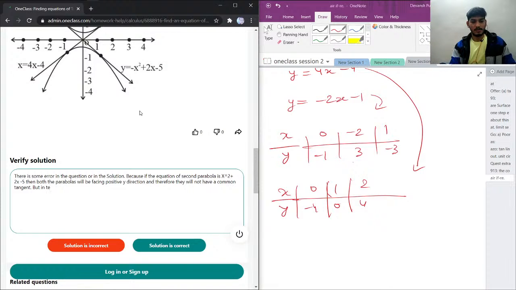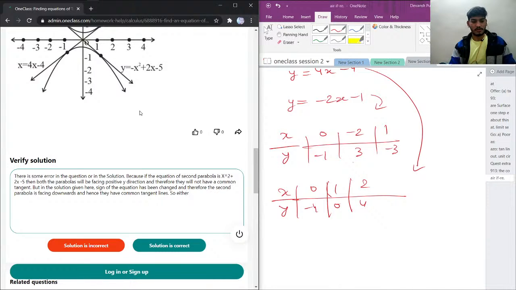But in the solution given here, the sign of the equation has been changed, and therefore the second parabola is facing downwards, and hence they have common tangent lines.